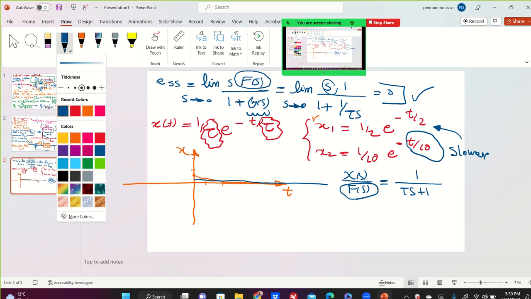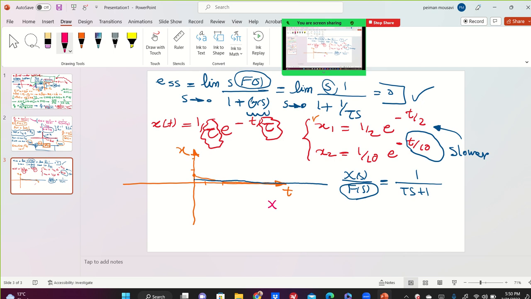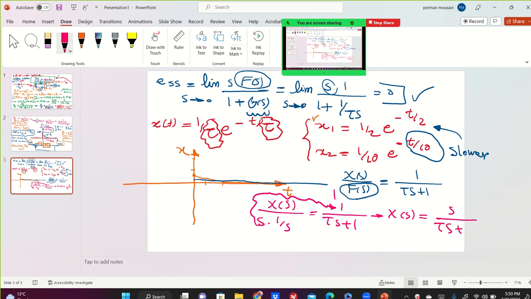So I'm going to play with this for the first order system. Because this is an impulse, we say that F is 1 over s. It's going to be 1 over tau s plus 1. I'm moving this s here as we did in the previous class. So X(s) is going to be 1 over s(tau s plus 1).